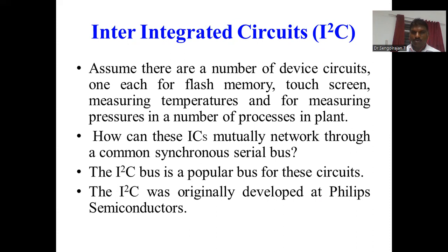So how can we use I2C to connect the number of device circuits? These ICs can be mutually networked together on a common synchronous serial bus. That's why the I2C bus is popular for these circuits.